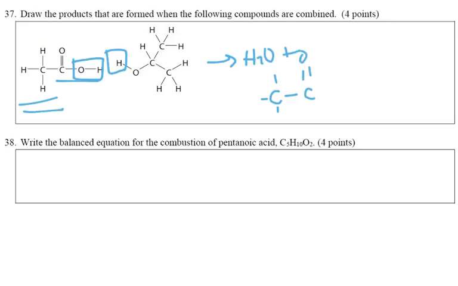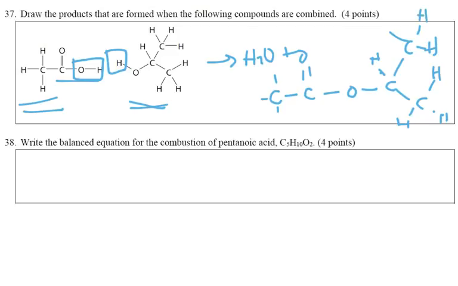Then we jump all the way over to this oxygen. So we get an oxygen, and we have 3 carbons, one going up, one going down, and we need to put a hydrogen on this carbon, and 3 hydrogens here, 3 hydrogens here. So it's a little bit messy, but that would be the answer, and that would be an ester.